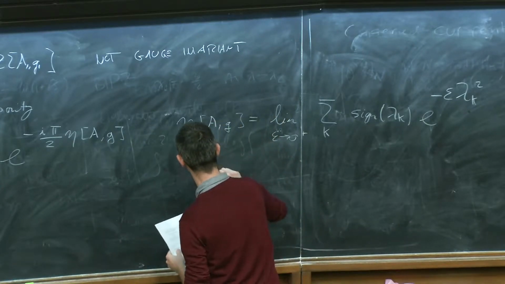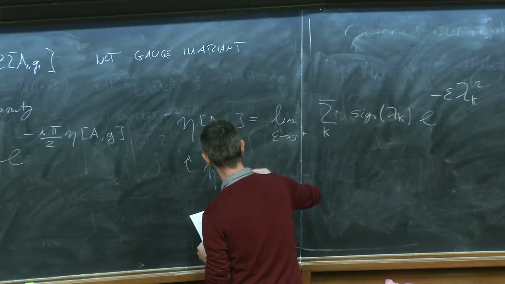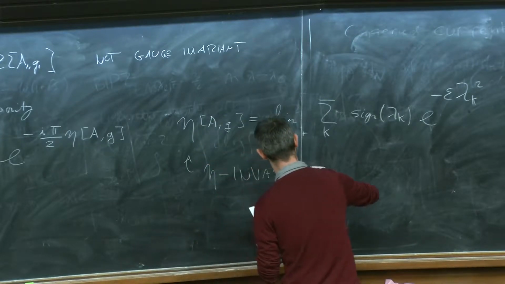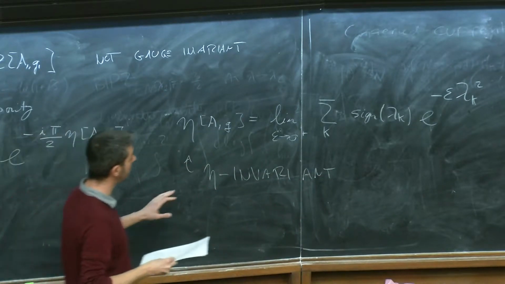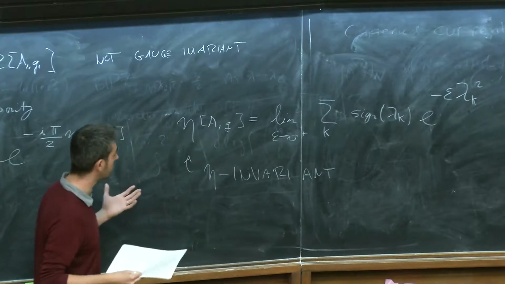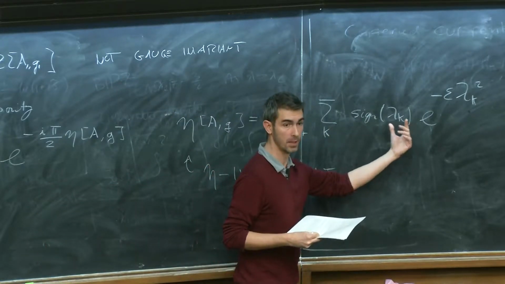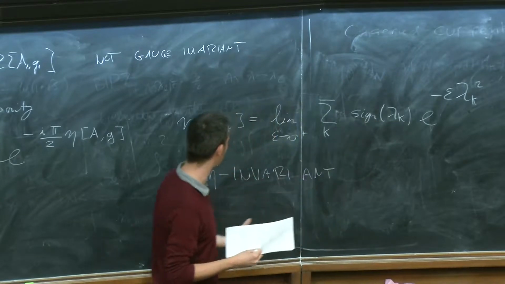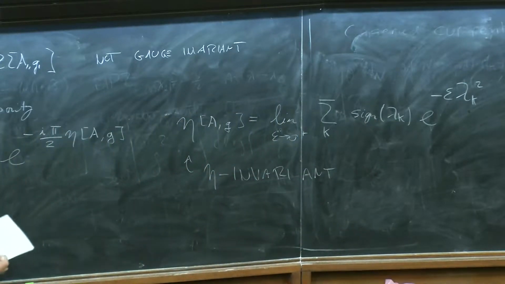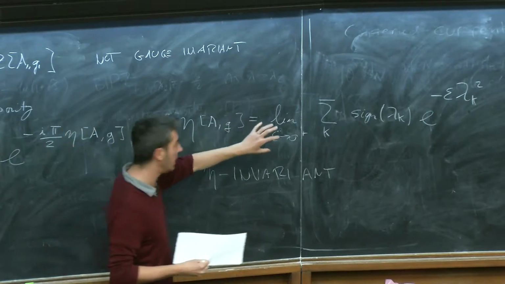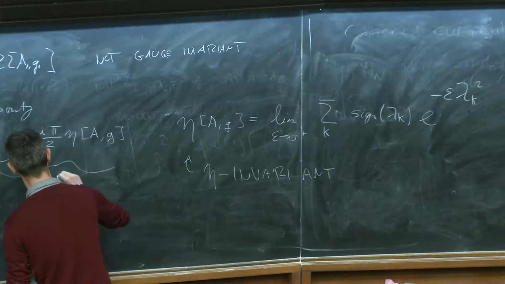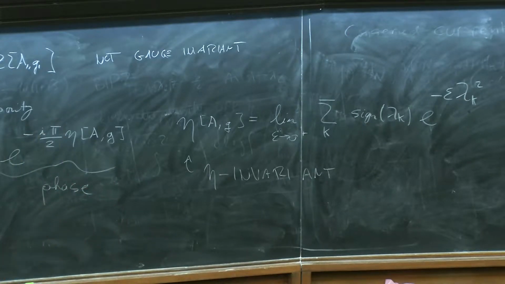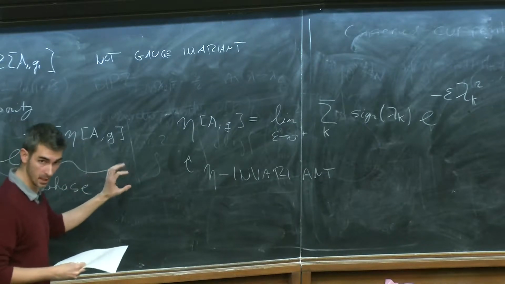And this object here is called the eta invariant. And since this object is constructed uniquely with the spectrum, the only thing that goes into this definition is the spectrum, and the spectrum is gauge invariant, this object is gauge invariant. However, as we said, this is a generic phase. So this partition function we obtain, which is gauge invariant, is no longer real, okay? It's complex. Is it clear?